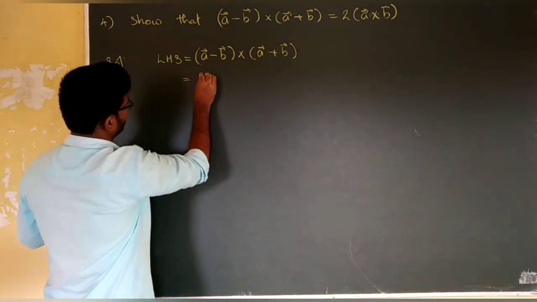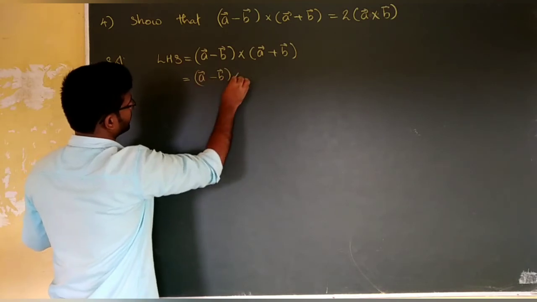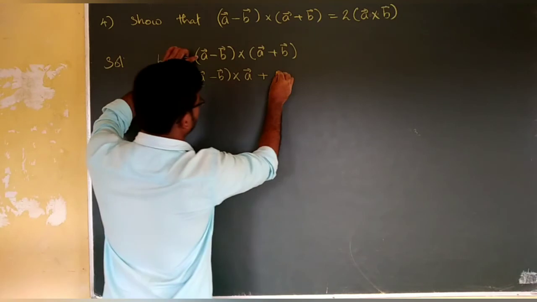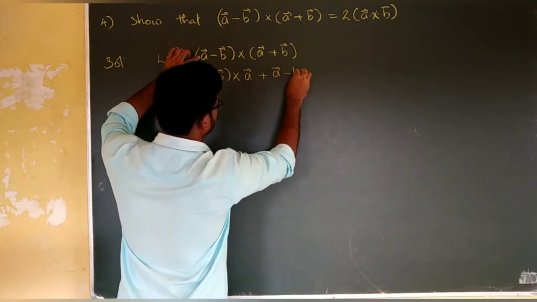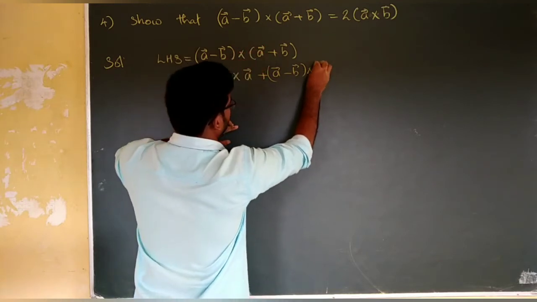First, A vector minus B vector cross the first term A vector, plus again A vector minus B vector cross the second term, that is B vector.